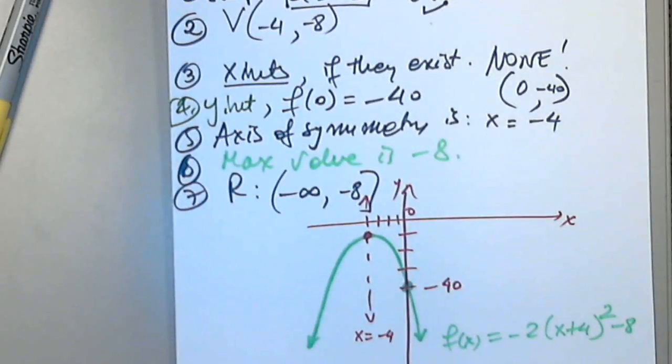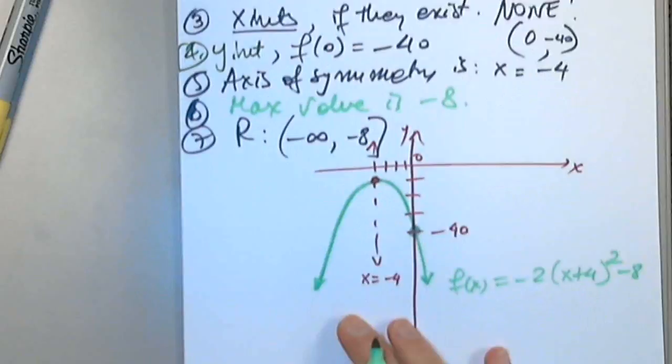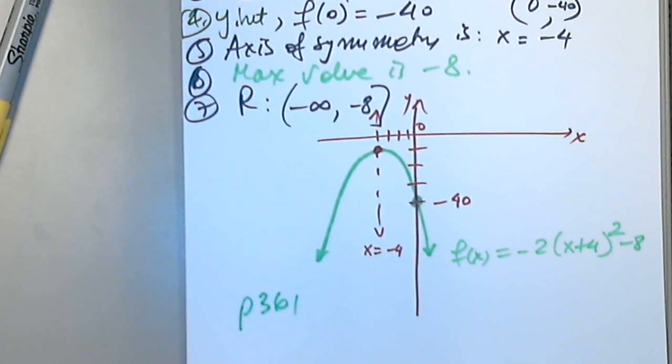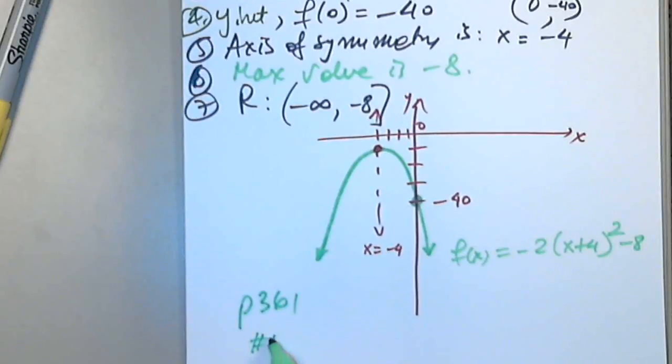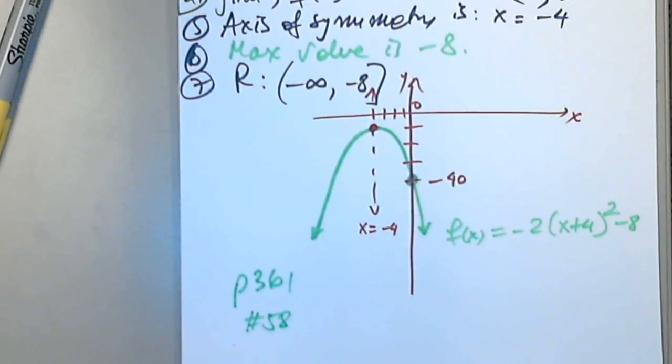Now I would like to look at a word problem because we didn't get the chance to look at a word problem from this section. We didn't, correct? Yes. Okay, on page 361, let's take a look at 58.